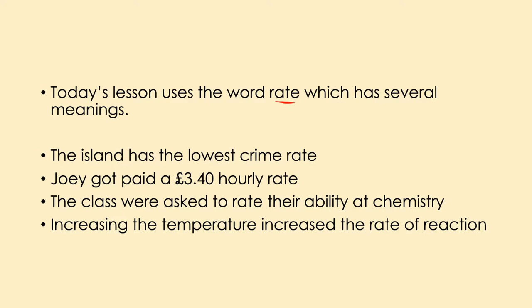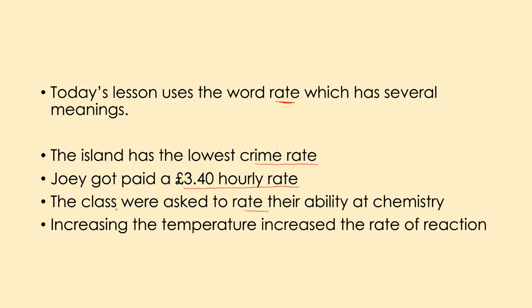But it's always useful to have a look at what it means in everyday language and see if we can relate this. So when we talk about crime rate, we're talking about the amount of crime that happens in a specific time. If we're talking about an hourly rate of pay, then that's how much money they get per hour.